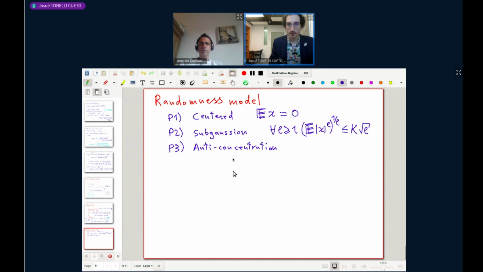And then anti-concentration, which means that essentially the probability that my random variable, for all t, is less than epsilon is less or equal than 2 rho epsilon. This is equivalent to density bounded by rho.